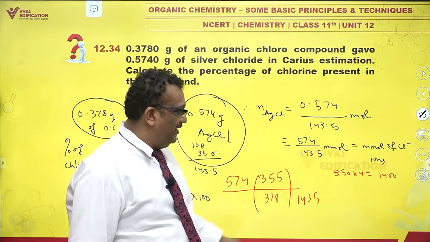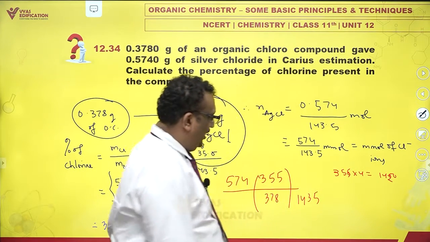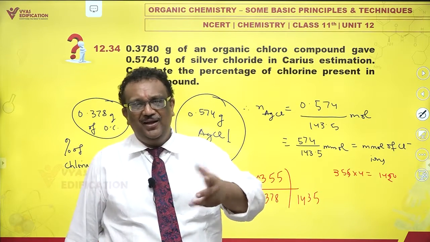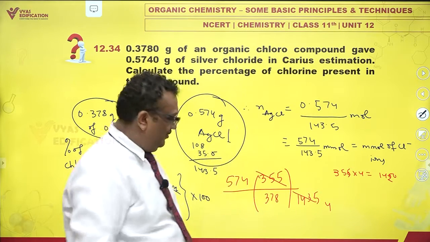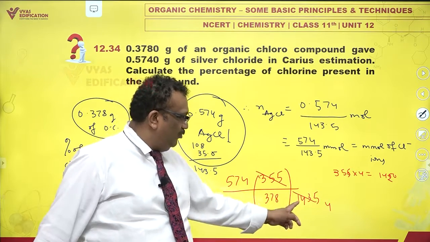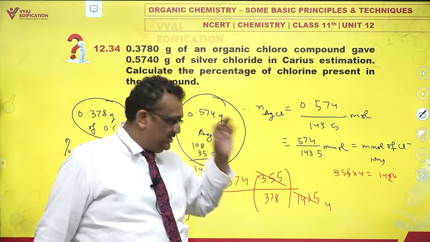Now, 355 into 4 will give me 1420. And I have 1435. 1420, 1435, give me a break. It is roughly 4 times. Just let me do it 4 times. Oh my God, so drastic? Yes, actually it should have been 1420. So I have actually reduced the denominator slightly, but nonetheless, see here.